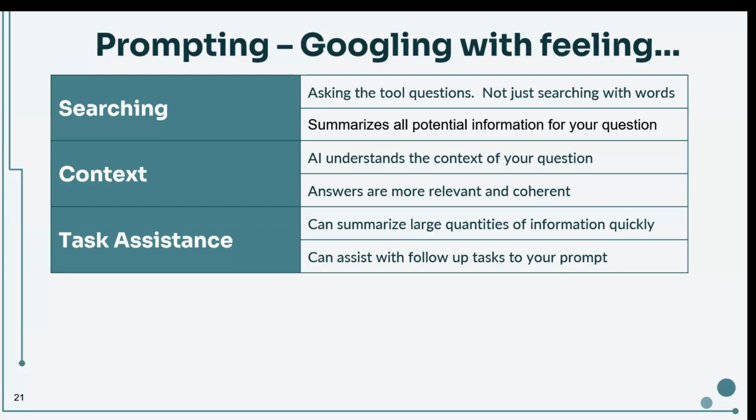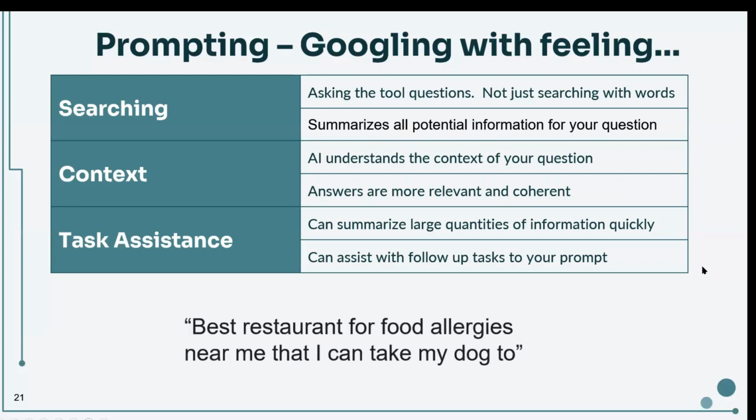So what that means is, unlike Google, which just spits out websites that you then have to sort through, AI is going to go, well, why are you asking this question? What are you really asking? It's going to summarize large quantities of information quickly and can assist with follow-up tasks to your original prompt. Because it learns, you ask one question, and it's going to go, hey, would you like me to explore further? And then you click yes, and then it's going to say, would you like me to make a reservation? Yes or no. It's really cool how it can actually create follow-up questions for you.